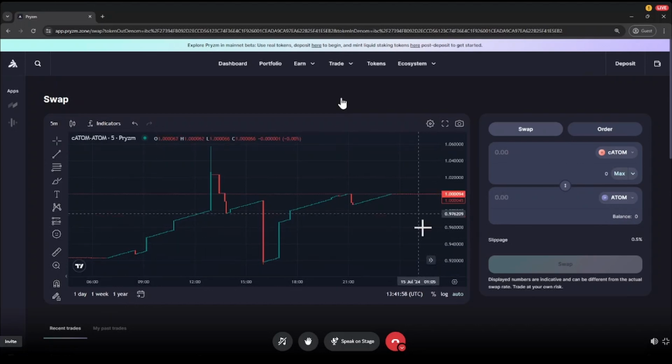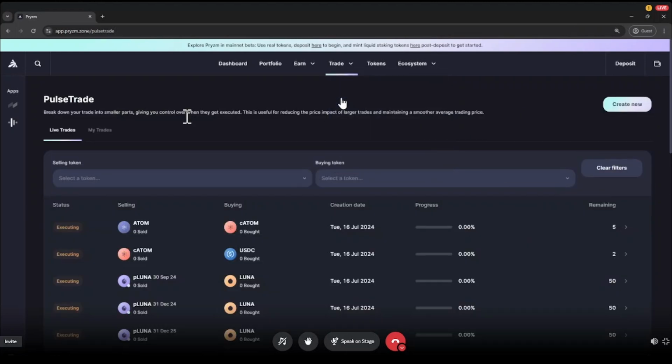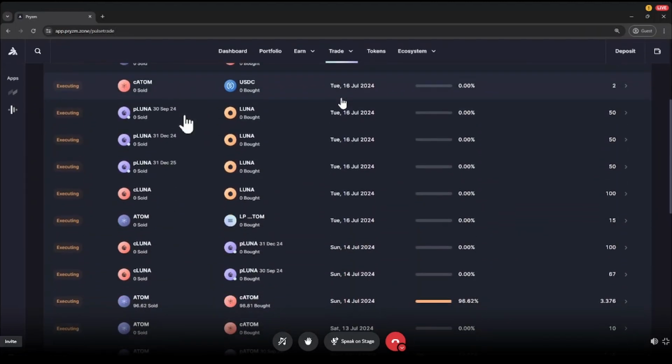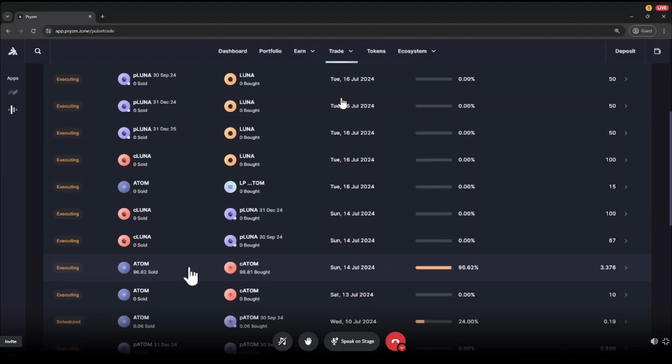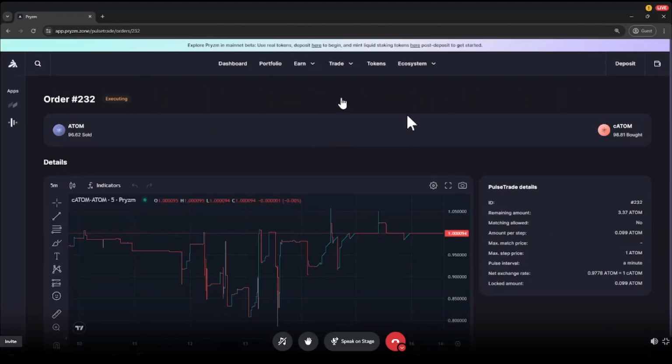So cATOM keeps on trading very cheap. So all these little buys are saying, okay, I'm going to buy cATOM every time it's trading cheap. Another way to look at this is you go to pulse trade, and the pulse trade in question here is this one. So you can see what's happened here.